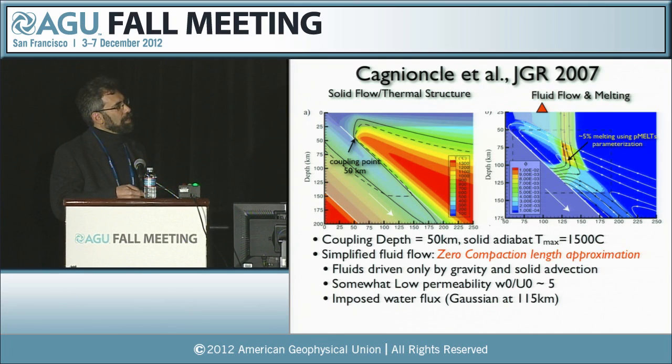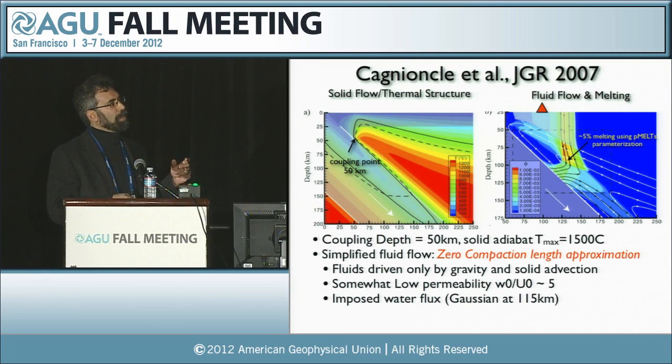They had a reasonable mantle adiabat, so that the hottest material coming into this model is actually about 1,500 degrees. And then they added to that a simplified fluid flow model, where they basically said that fluids released from the slab, the only thing that will control their transport is advection by the solid.